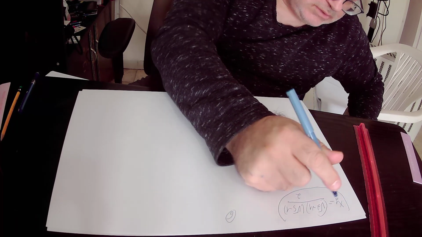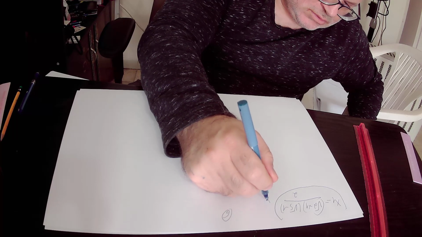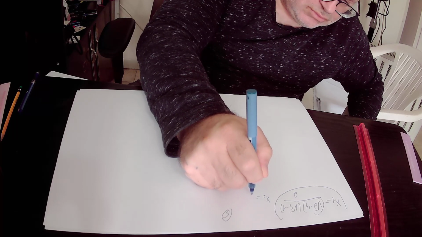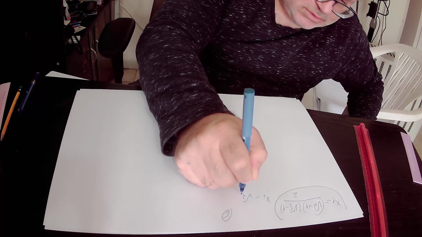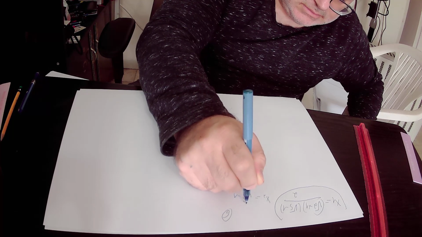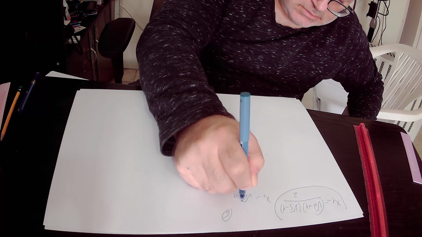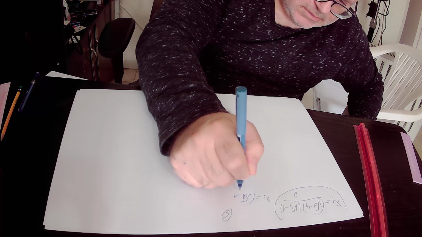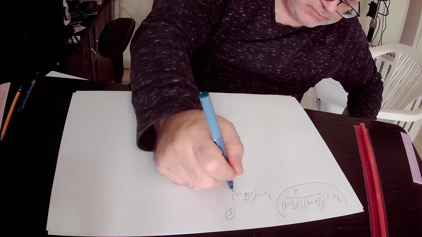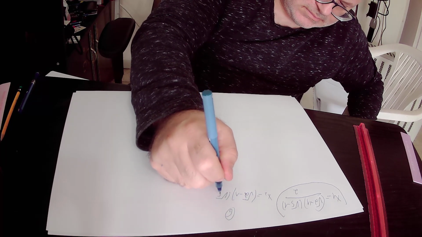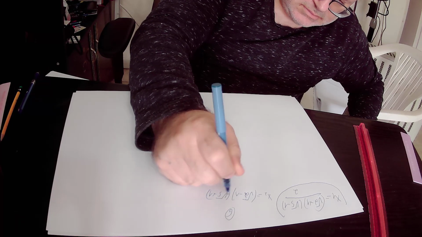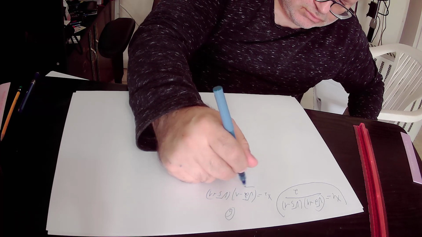And we also found out that x2 equals the square root of 2 minus 1 times the square root of 5 plus 1, all divided by 2.